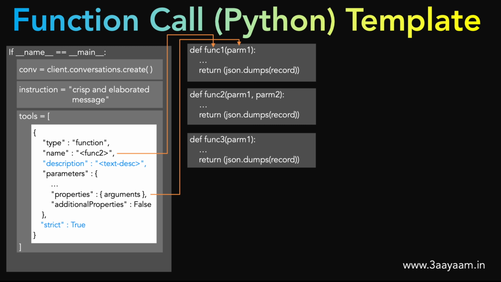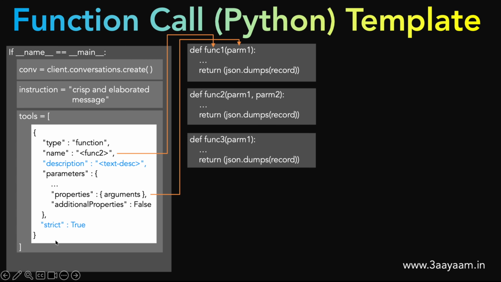After using the conversations API and defining the instruction message, we use the tools variable to define the functions that are there in the code. Now, one important thing to consider is that if you do not mention any function name here, then that would not be considered by the large language model, whichever model we use. What do I mean by that?